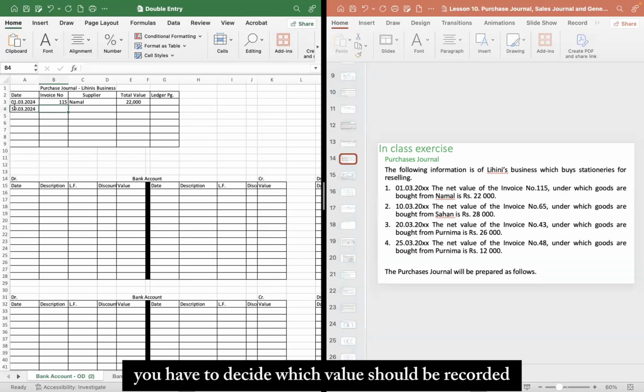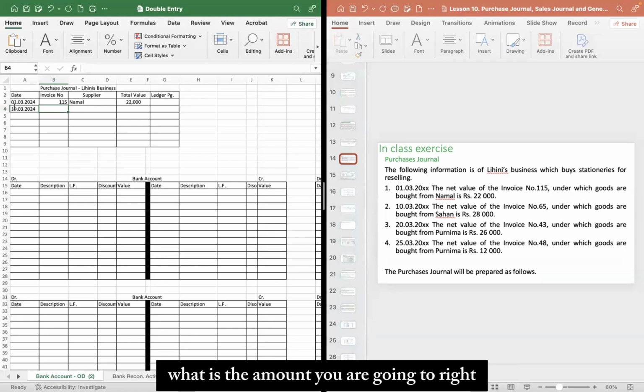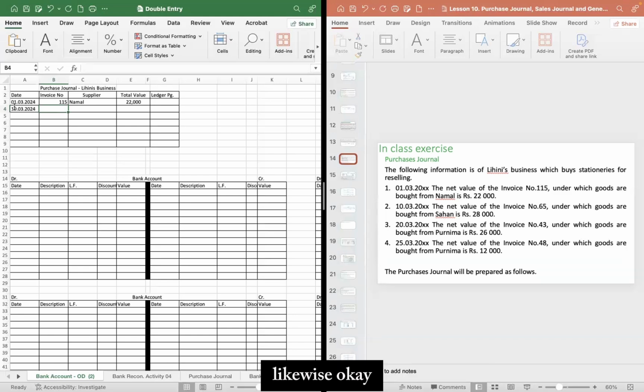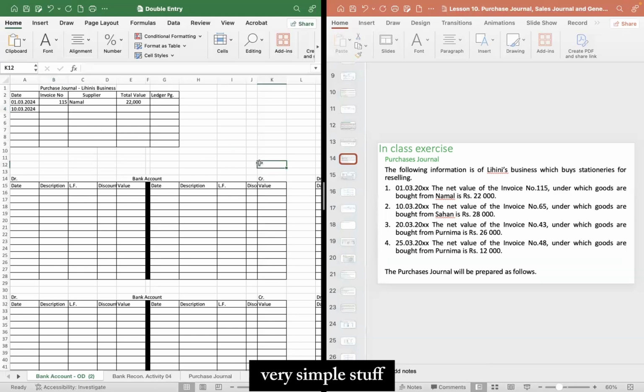Then you have to decide which value should be recorded, 22,000 or 22,000 less 10%. You will have to decide what amount to write. Now in this example, it's just plain vanilla, very simple stuff.